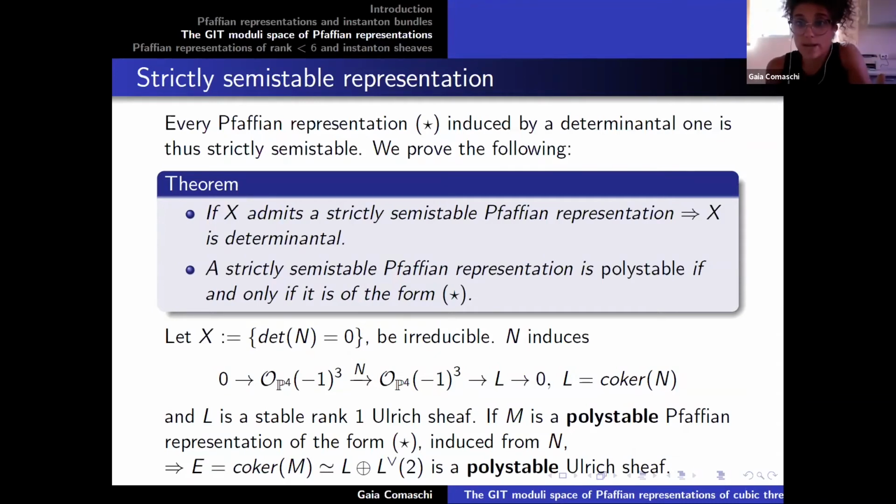This time we will get a rank 1 Ulrich sheaf. And if we take the polystable Pfaffian representation of the form star, then its cokernel will be an Ulrich sheaf of this form. So we will get a polystable sheaf, because it is a direct sum of stable sheaves.